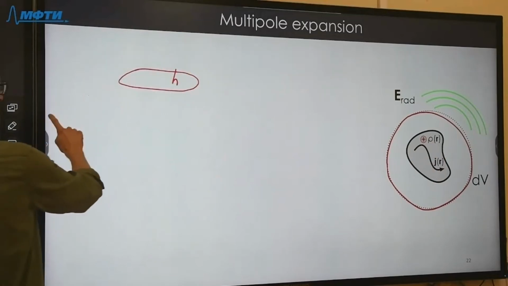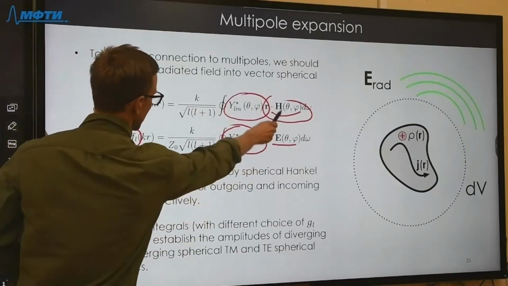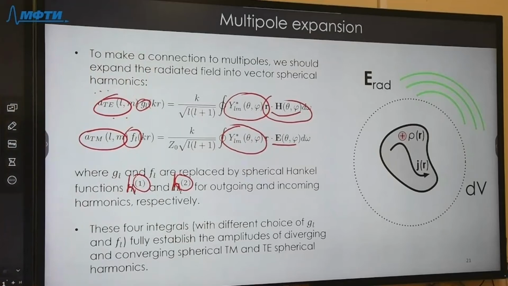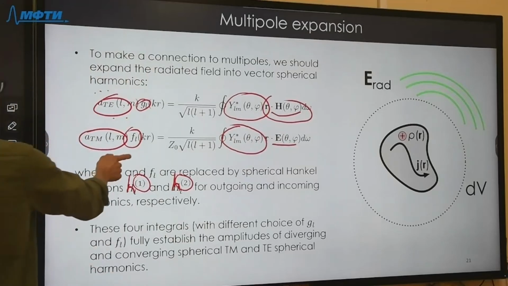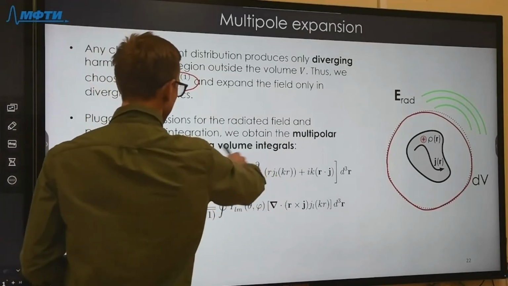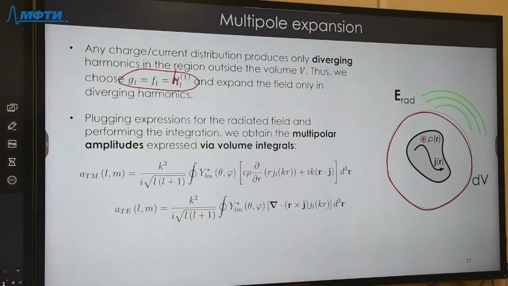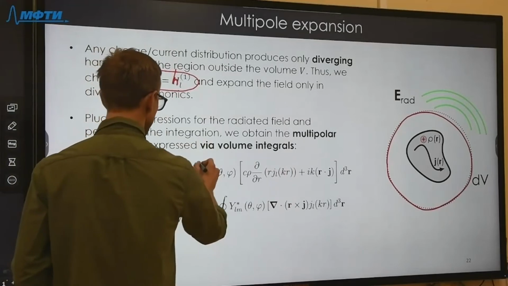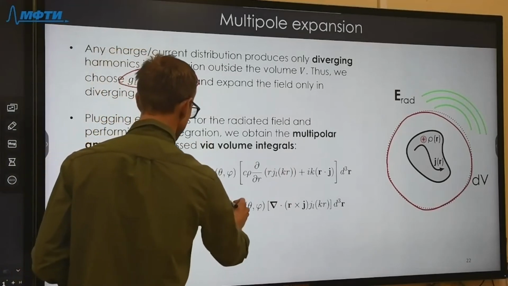Now we can plug this electric and magnetic field via the Green tensor and the current density, and this is a very, very tedious, very technical exercise, but after you do all the steps, you end up with the following volume integrals. There is no contour integral.